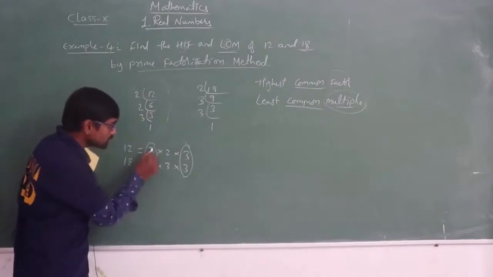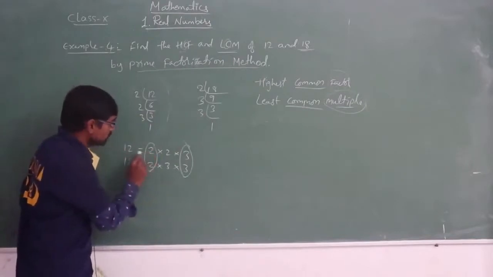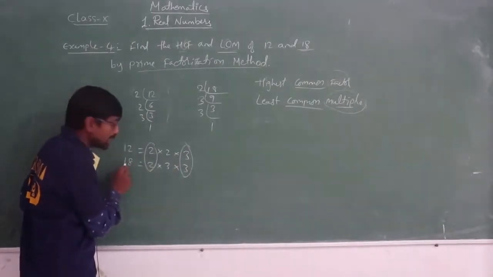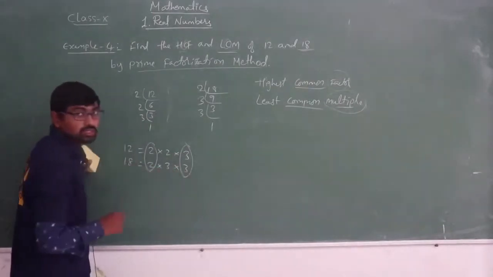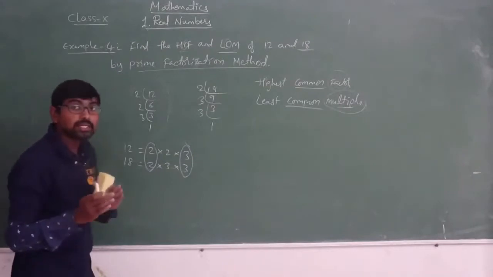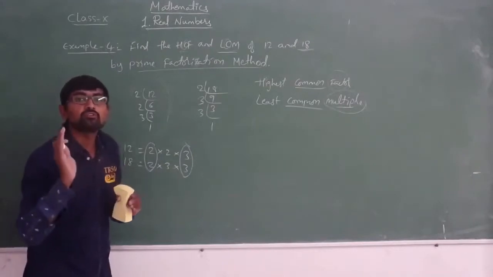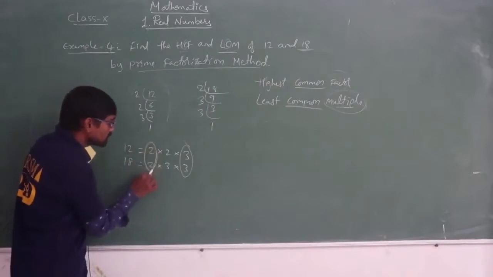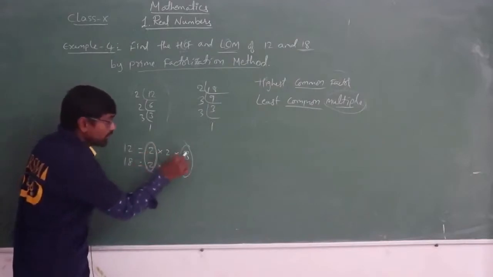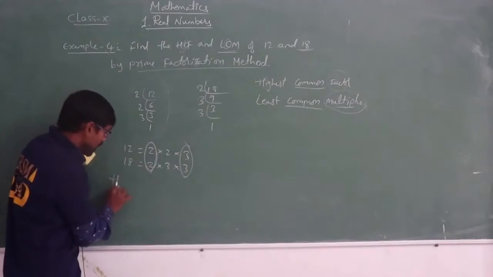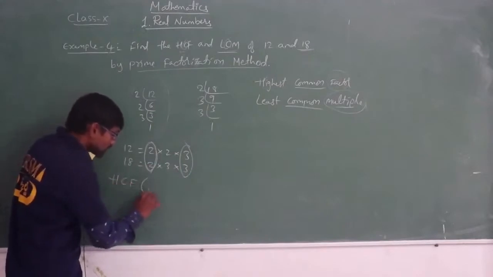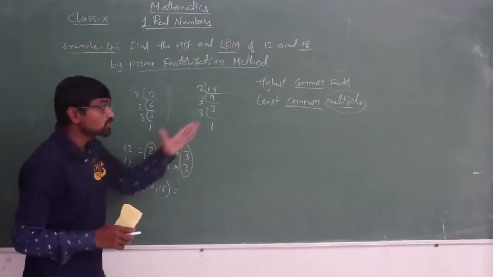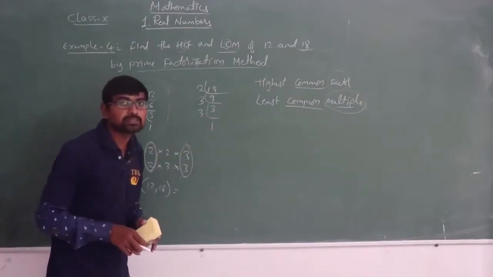The prime factors of 12 are 2 into 2 into 3, and the prime factors of 18 are 2 into 3 into 3, isn't it? Now I need to check the common factor. The common prime factors are 2 and 3. So therefore the highest common factor of 12 and 18. Hope you all understood the difference between factor and multiple, isn't it?